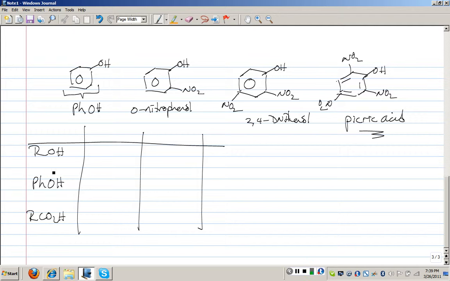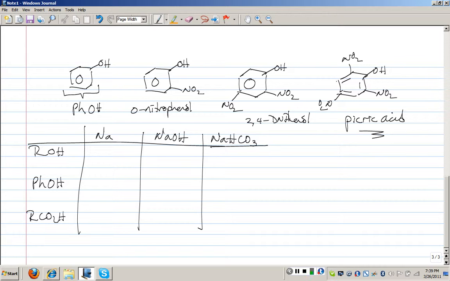Okay? But if I look at unsubstituted alcohols and phenols and carboxylic acids, it turns out that their acidities may be demonstrated quite nicely by their behaviors with three different sodium species.